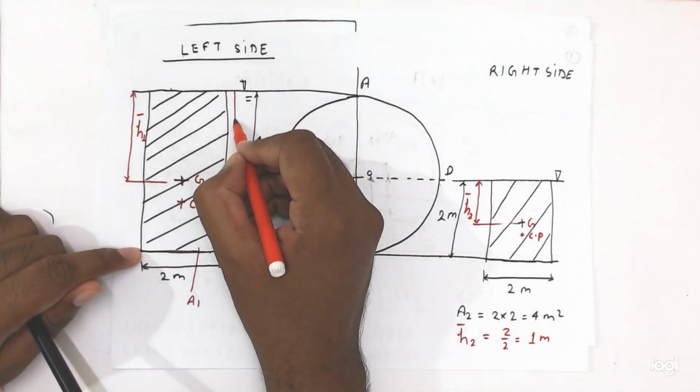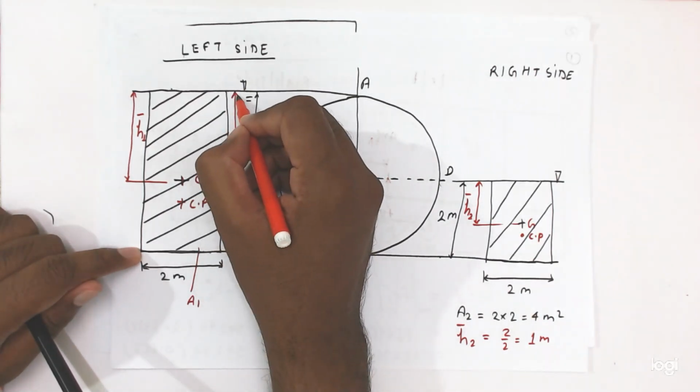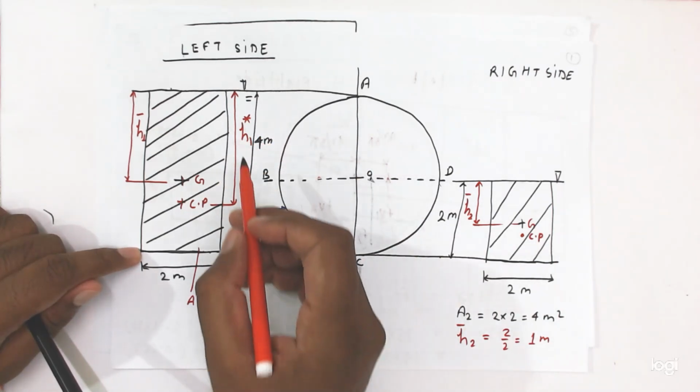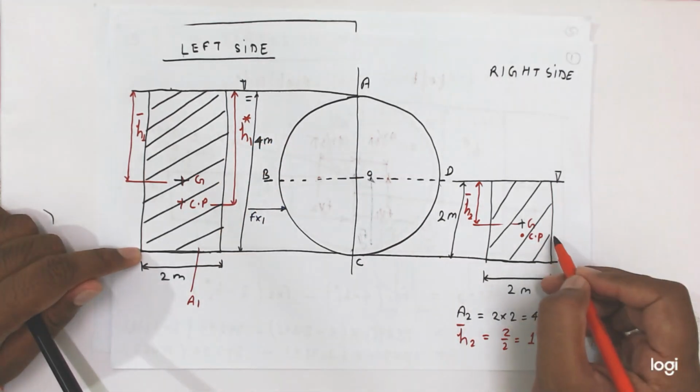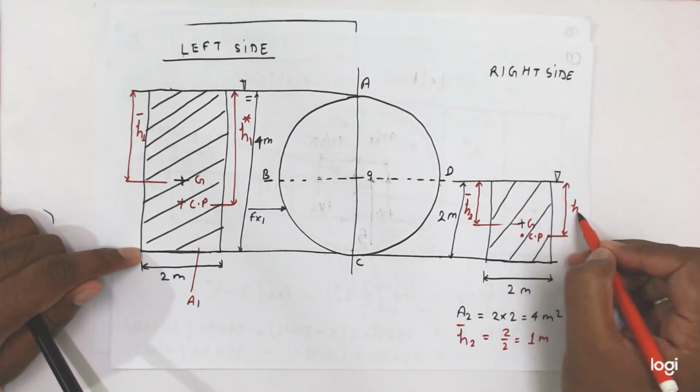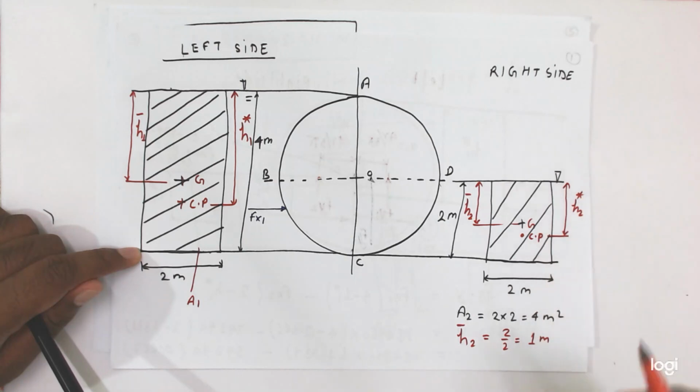So we have to find, this is the H1 star, and here also we have to find first H2 star.